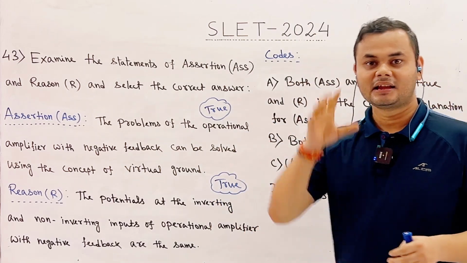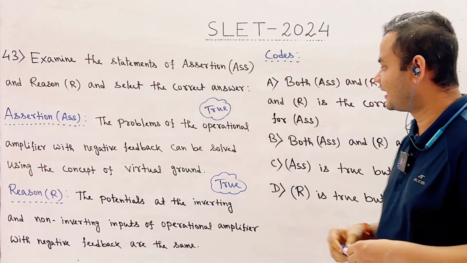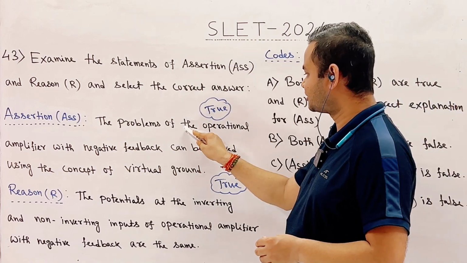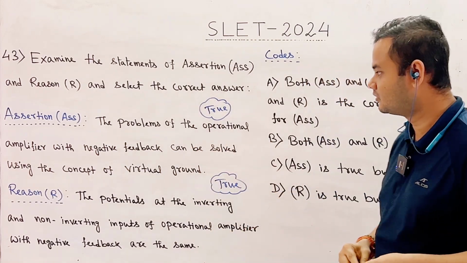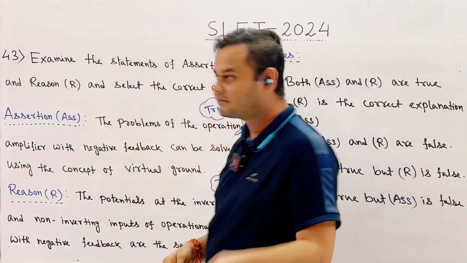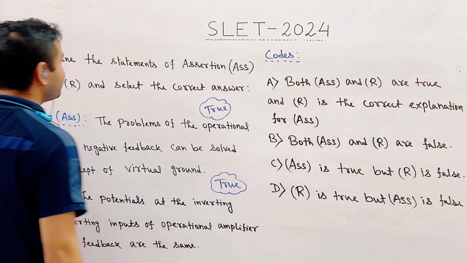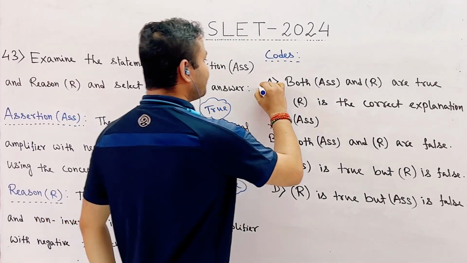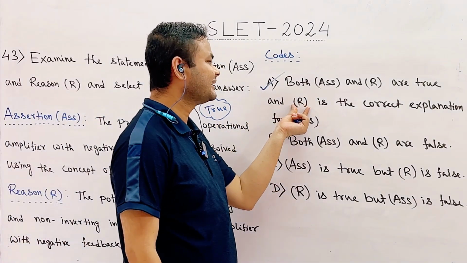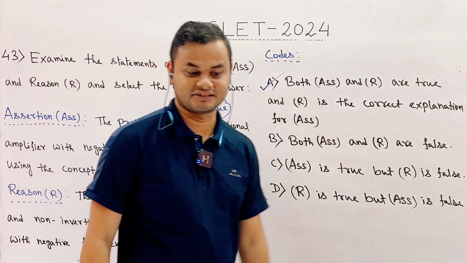This implies that the potentials at these inputs are the same. So, after analyzing, we have seen that both assertion and reason are true, and this reason correctly explains the assertion. So, therefore, the correct answer of question number 43 is option A. Both assertion and reason are true, and the reason is the correct explanation for the assertion.